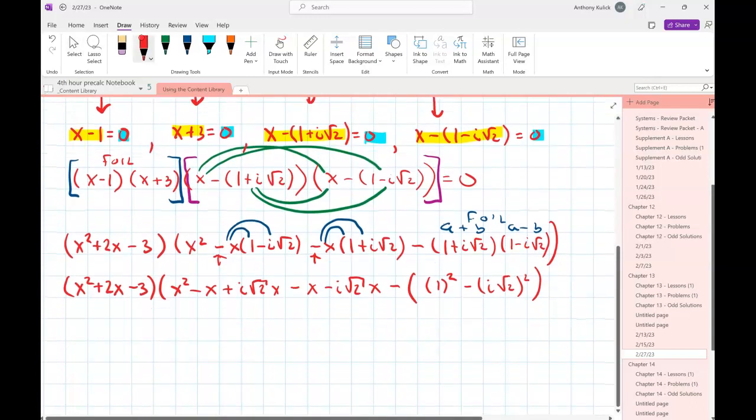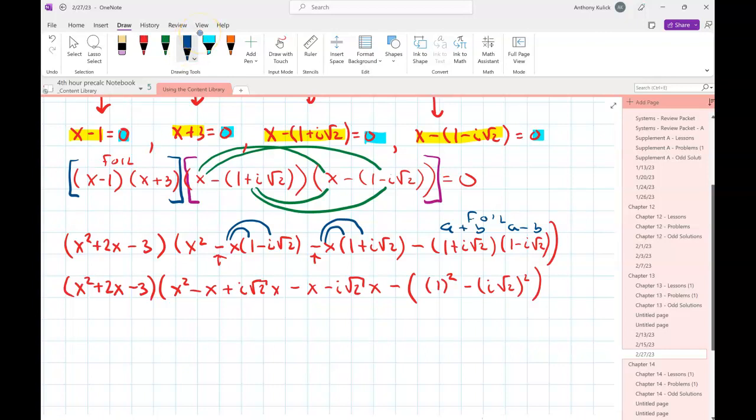Okay. What's 1 squared? 1. What's, when I square a product where I have i times the square root of 2, how do I square a product right like that? What's the algebraic rule for how I do something like that? You have to square everything in the product.